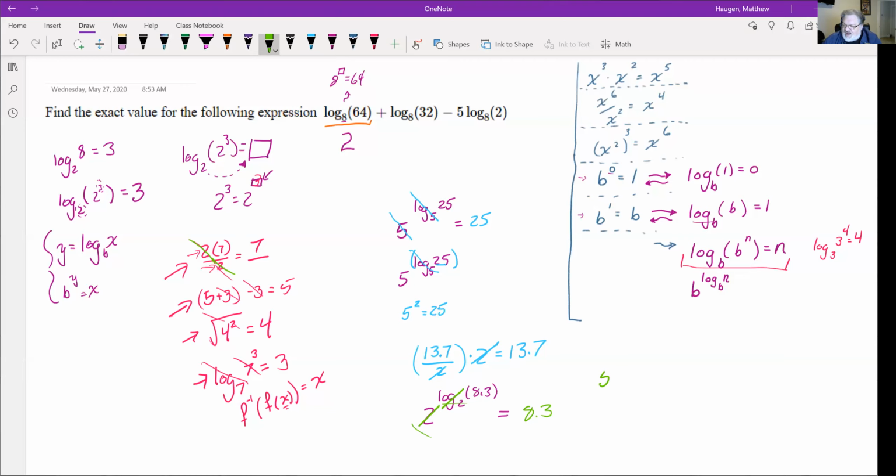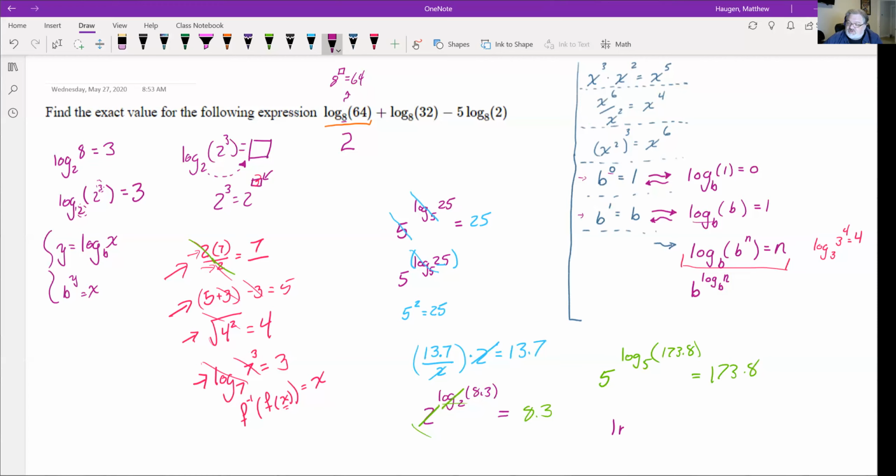If we have 5 to the log base 5 of 173.8, what's it going to yield? 173.8. We could have a little more fun.